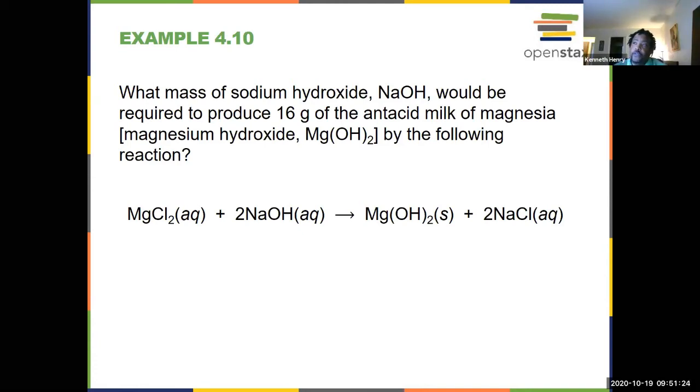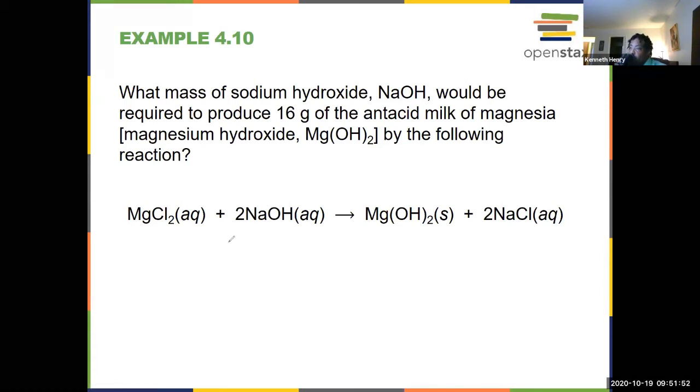Okay, so this guy's balanced for us. So since it's balanced for us, it says what mass of sodium hydroxide, NaOH, would be required to produce 16 grams of antacid milk of magnesium, hydroxide, Mg(OH)2, by the following reaction.